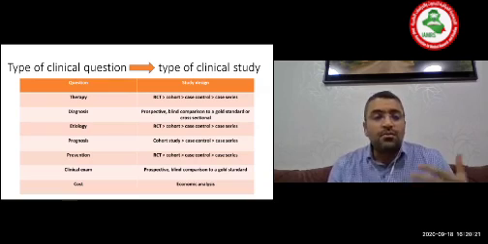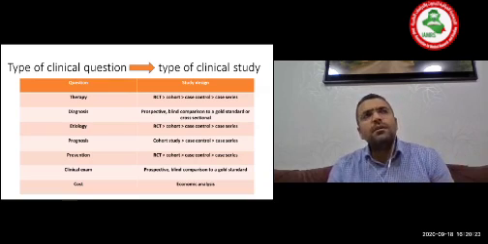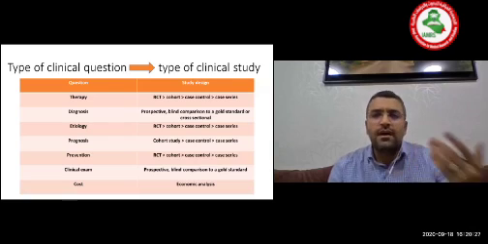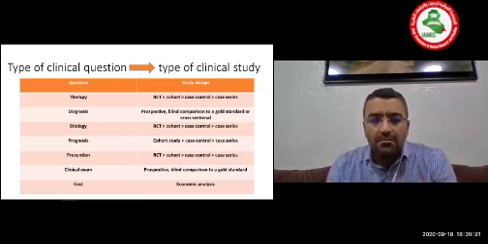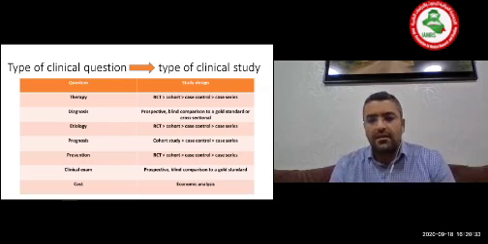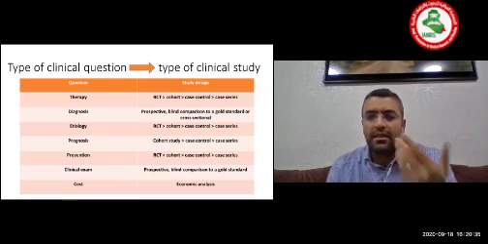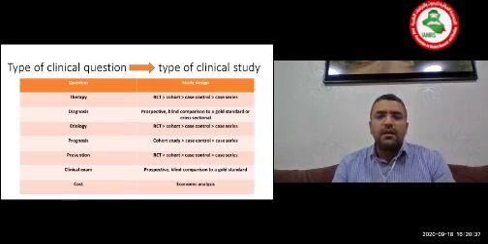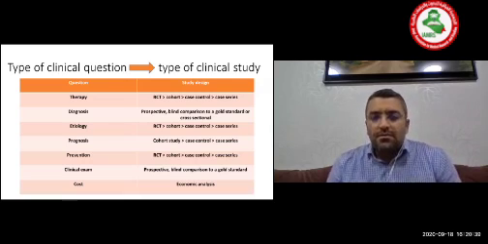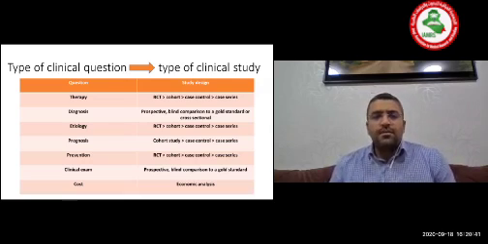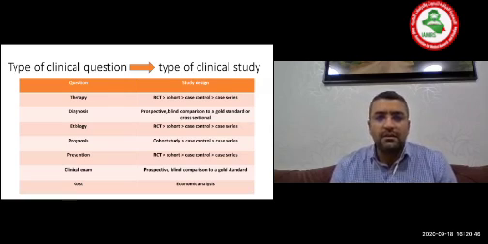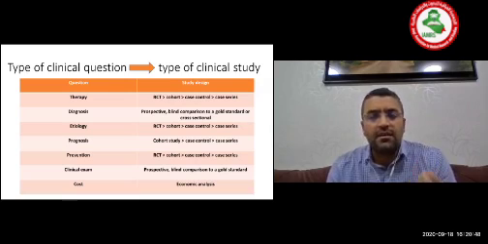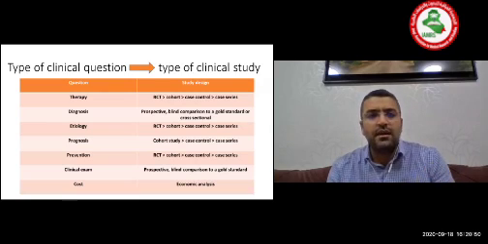If it is a prognosis question, for example, we want to follow people who have thyroid cancer for 5 years and see how many of them will die, then the best type of study is a cohort study, followed by case control and then case series. If it is a prevention study, it's just like therapy or etiology. For example, you want to test the efficacy of aspirin in preventing cardiovascular events in people with type 2 diabetes.